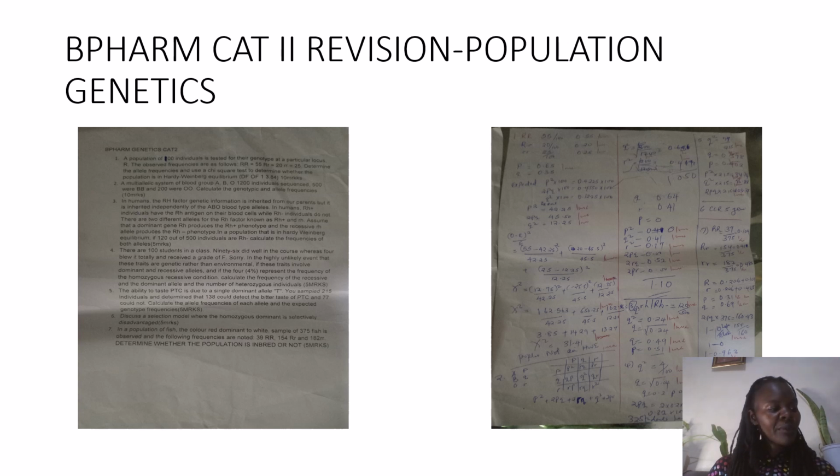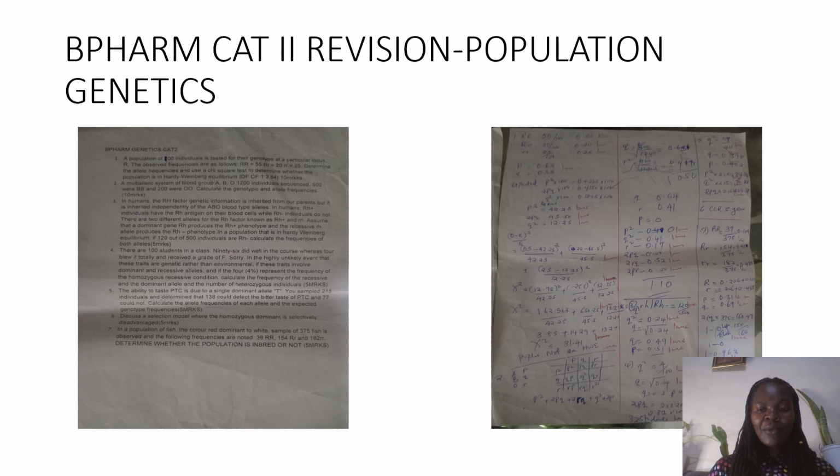And you're told that 500 were BB, meaning q squared is 500, r squared is 200. But that is not what we need. We need the allele frequencies. So you have to find the square root. Put 500 over 1,200 and find the square root.